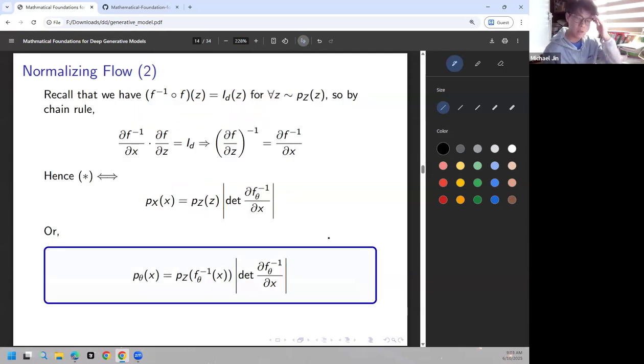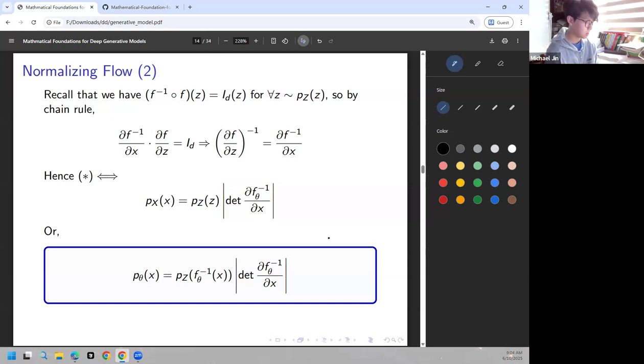So we can keep going because we know f is a bijection, and the inverse of f composed with the original f, taken on any Prior z, should be the identity function taken on z. It should not have any change, right? So by the chain rule, if we take the partial derivative for the right-hand side, it's an identity function, so it should not change. And for the left-hand side, we are doing the partial of f inverse over x first, and then doing the partial over z.